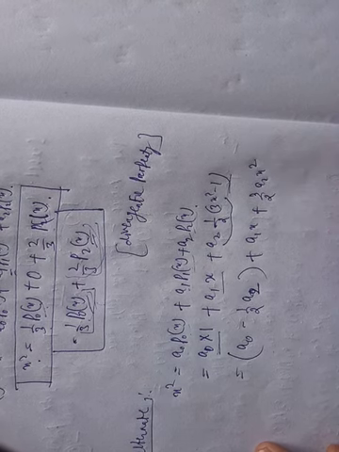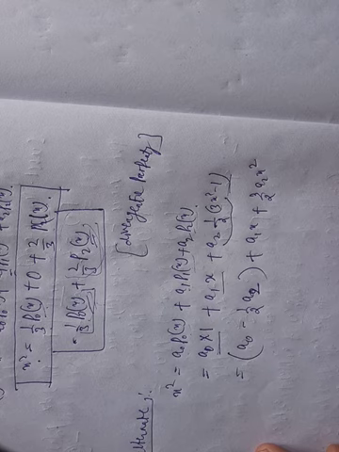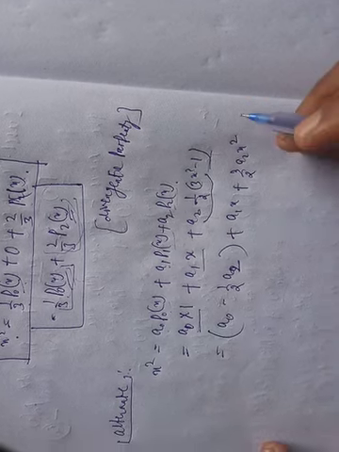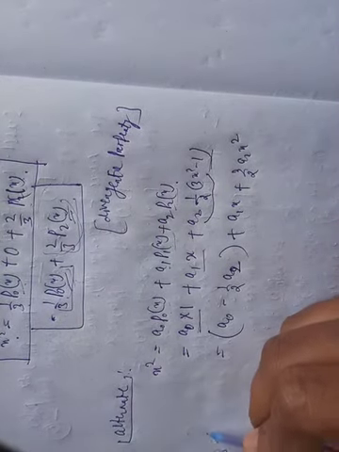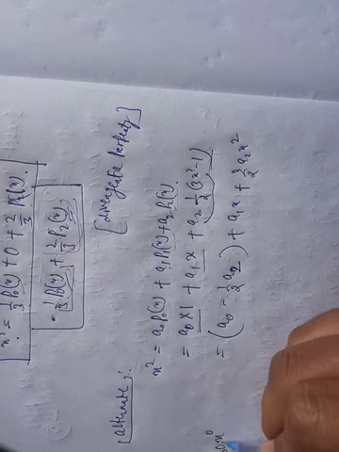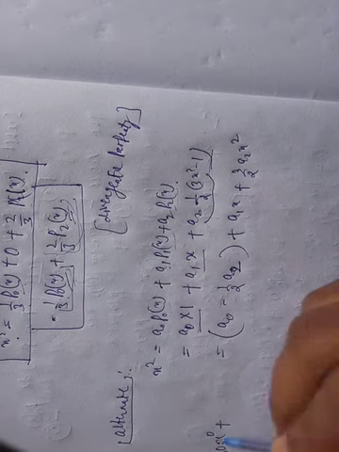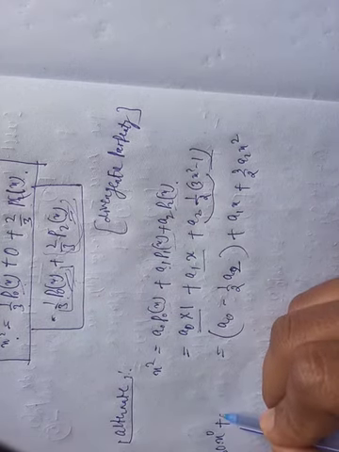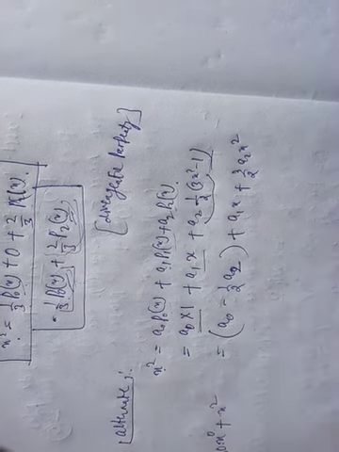Now we have to compare the coefficients of different powers on both sides. When you compare, we can see that on the left side the power of x is 0, and secondly we have the term x square.